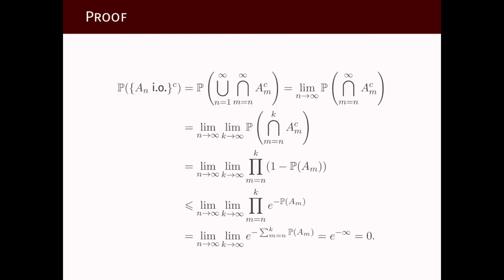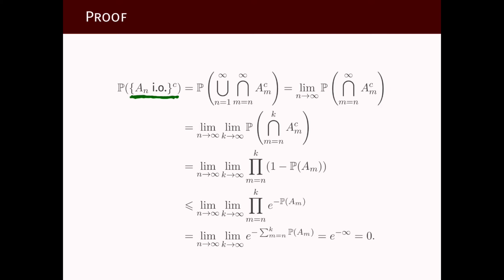The proof of Borel-Cantelli lemma 2 is a little bit more involved, even though the idea is basically the same. So we want to show that the probability that A_n occurs infinitely often is 1, which means we want to show the probability of its complement is 0.